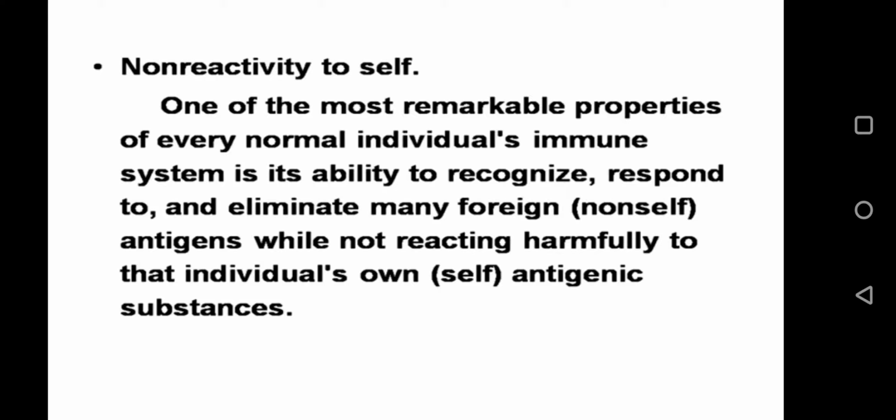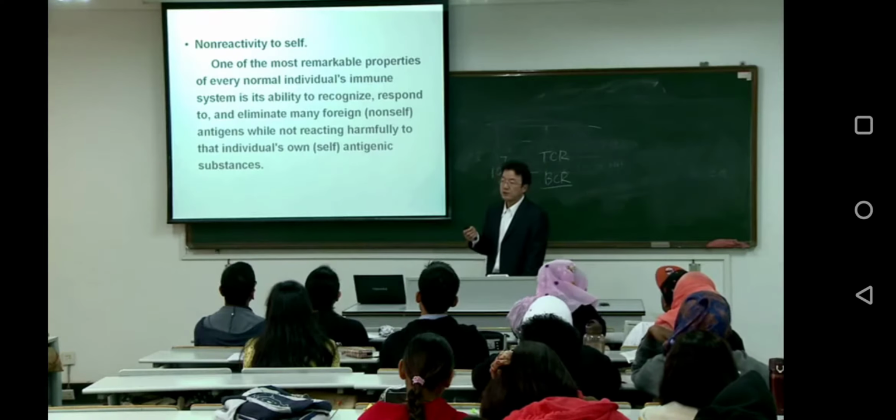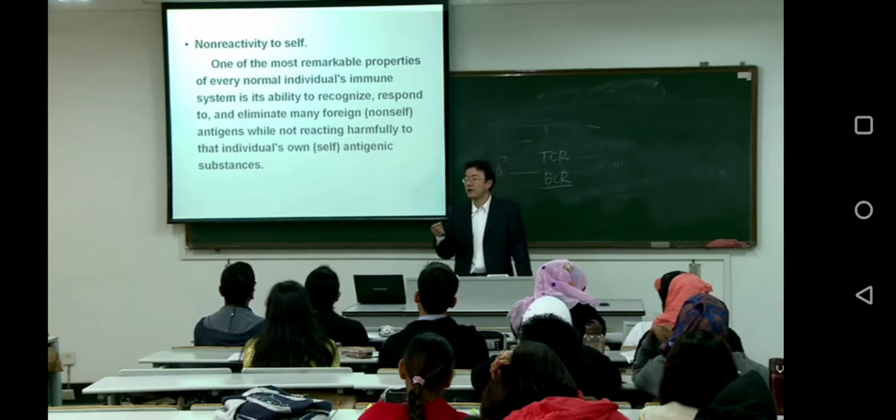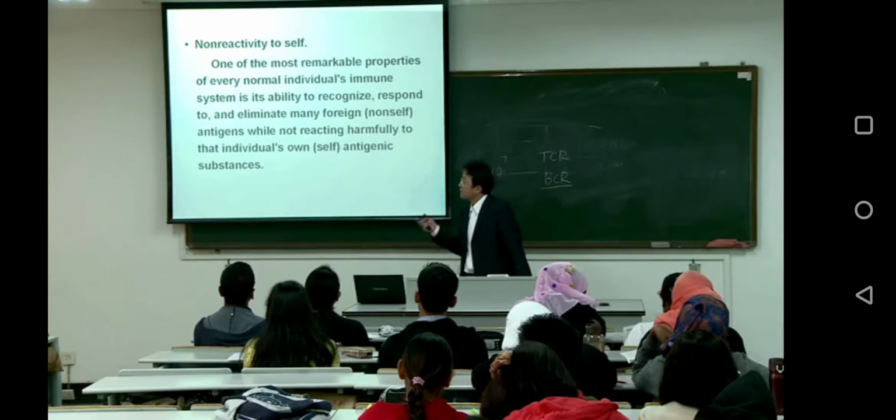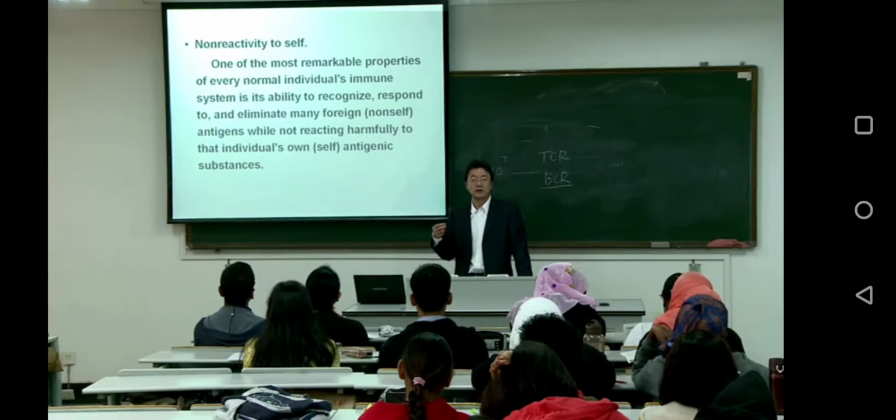Non-reactivity to self. This is a major feature of the immune system. During lymphocyte development in the central immune organs, T lymphocytes and B lymphocytes develop immune tolerance.